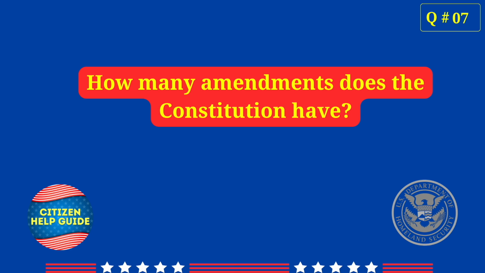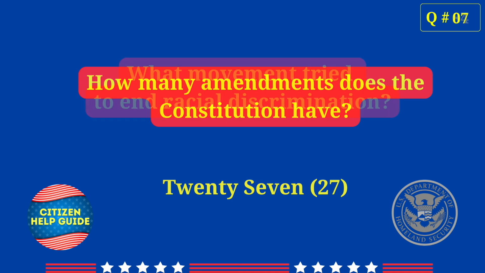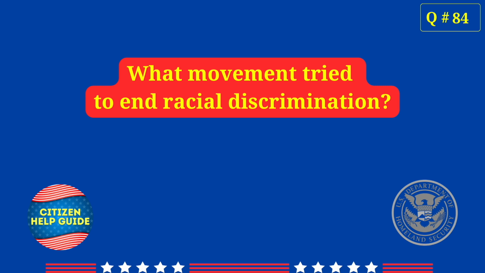How many amendments does Constitution have? 27. What movement tried to end racial discrimination? Civil rights movement.